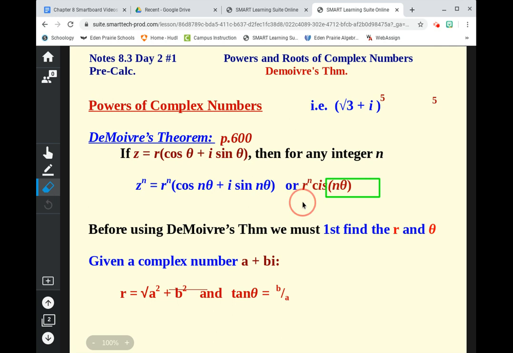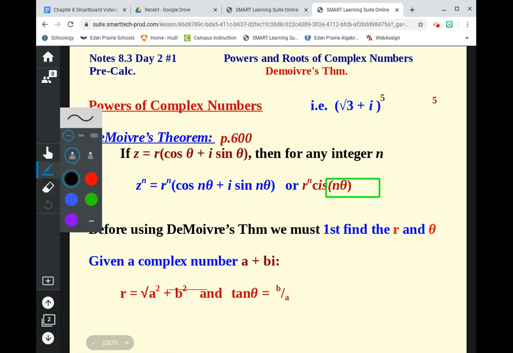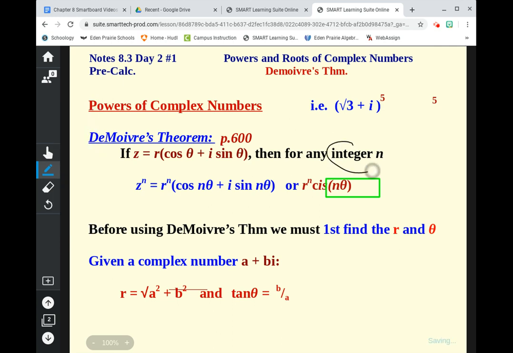Or we have r to the n cis n theta, keeping in mind that n is our power. So I want to make sure I write that down: n represents an integer, or your power. In the example here, the power is 5, so n would be 5.